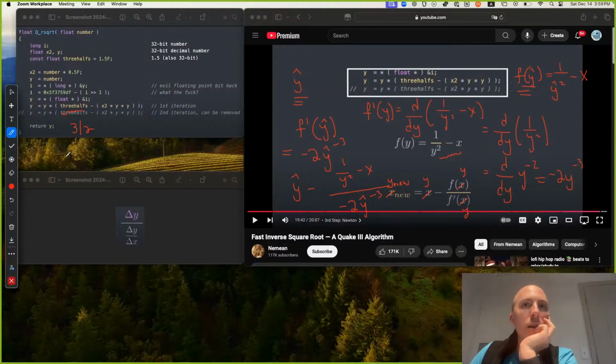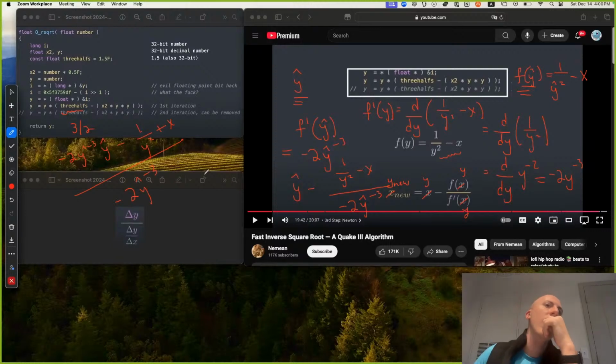I don't know, we could just multiply both things by negative 2 y hat to the negative 3 times y hat, minus 1 over y hat, I guess plus x, like distributing the minus, divided by negative 2 y hat to the negative 3. I wonder where this 3/2 comes from. It's like a 1.5 thing.